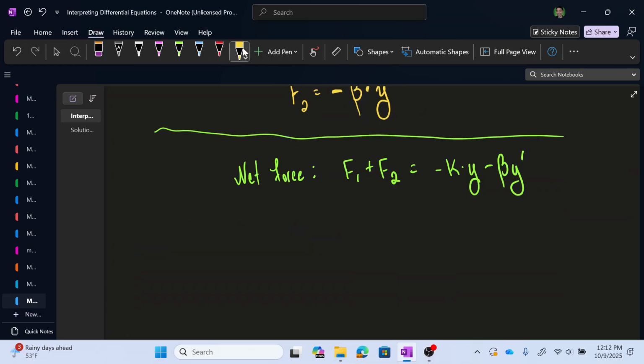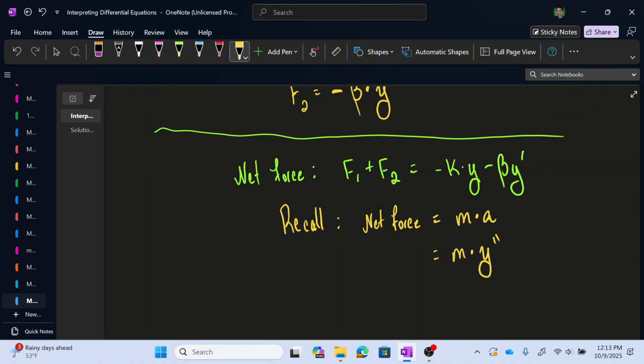Now I'm going to remember from the basics of Newton's laws of motion that net force is equal to mass times acceleration, where acceleration is equal to the second derivative of position.